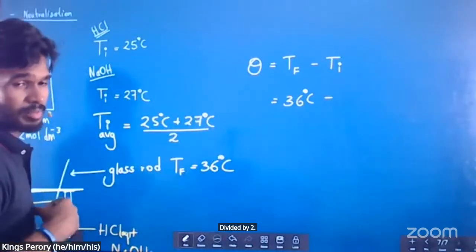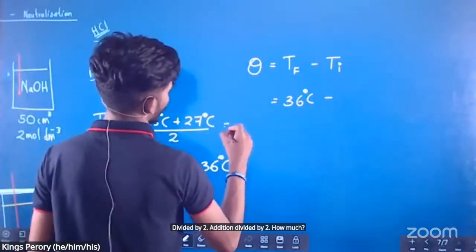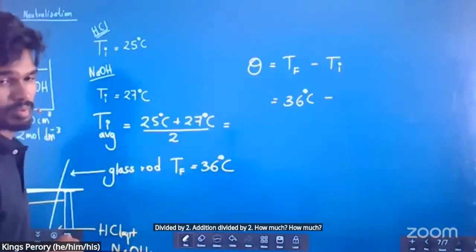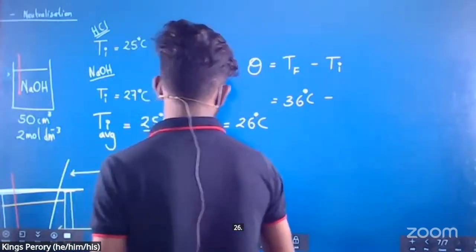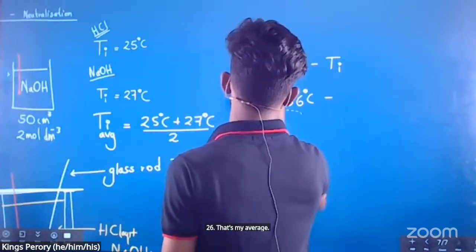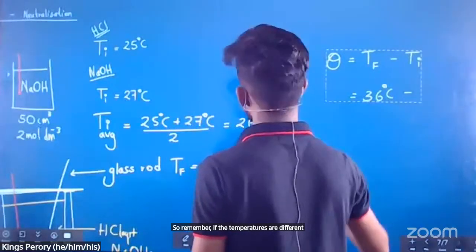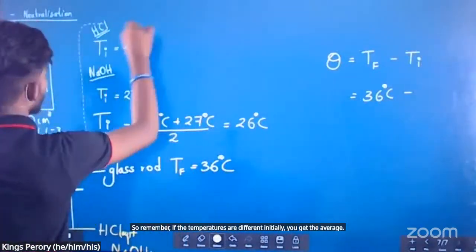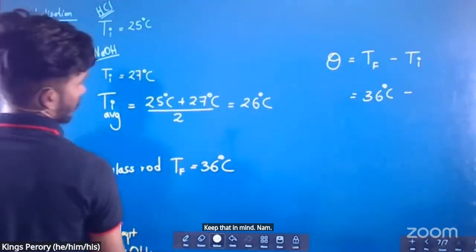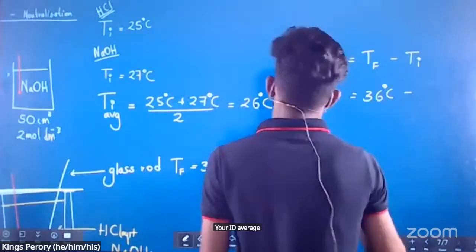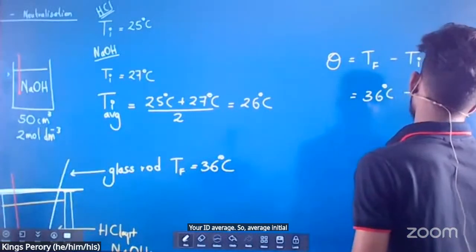Addition divided by 2. How much? 26. That's my average. So remember, if the temperatures are different initially, you get the average. Keep that in mind. Then you write the average. So the average initial temperature is 26 degrees Celsius.